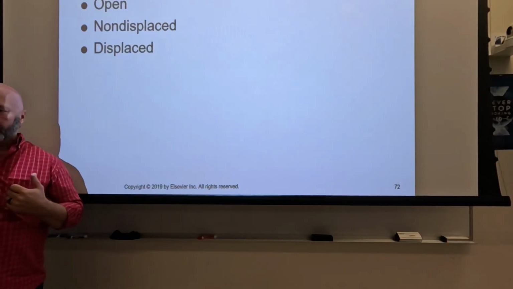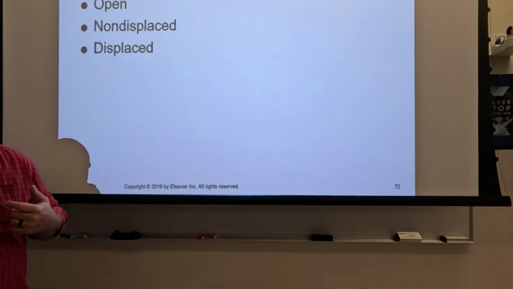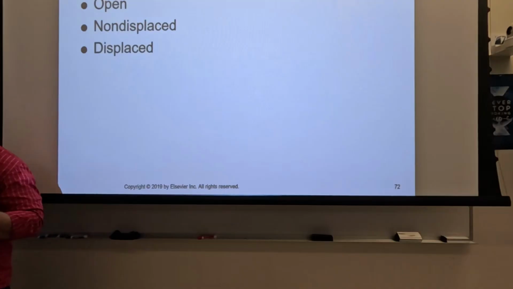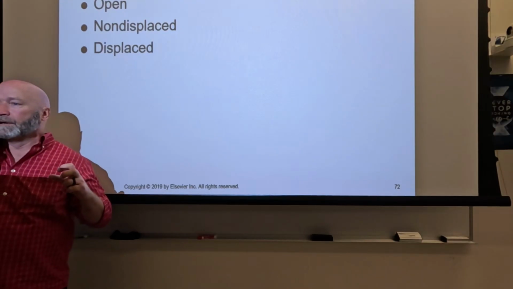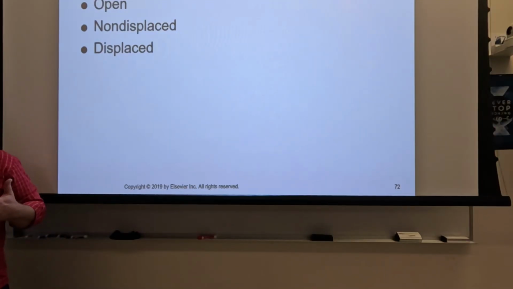So again, fracture versus break, the difference between displaced and non-displaced would be something like a cracked bone. Adults, understand that you don't crack your bone partway through. We're going to talk about that in a minute. Kids, you can, but in adults, if you've got a break, you're going to break it all the way through, most likely. You're going to have a place where the break goes from one place to another.